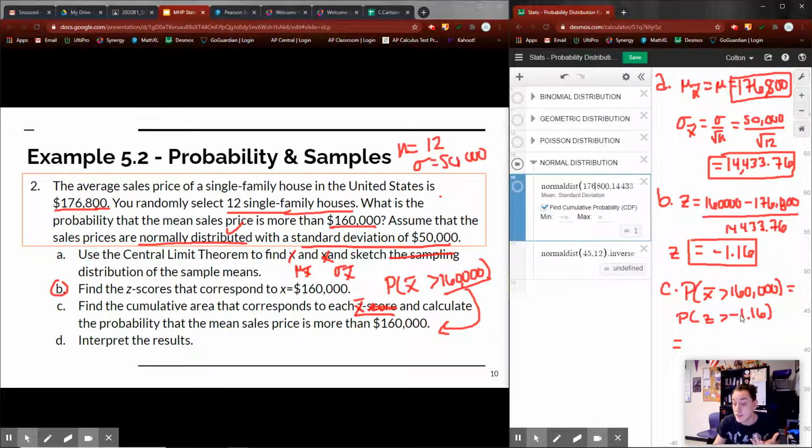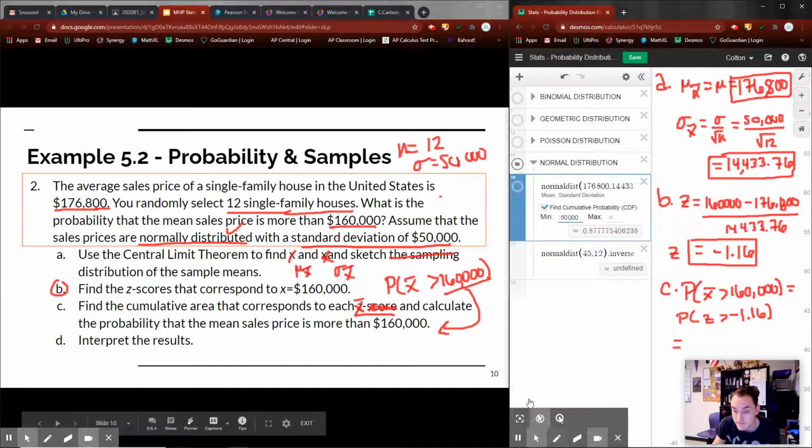If I want at least 160,000 and I'm greater than that, that means the minimum you can give me is 160,000. So I'm going to put this in as such. And that is my probability.